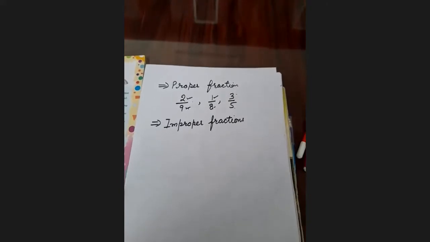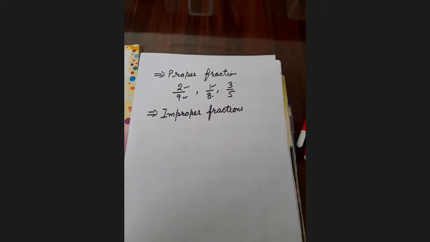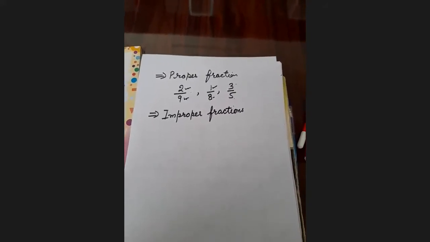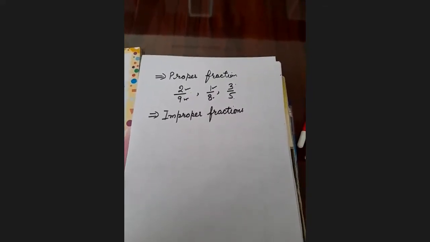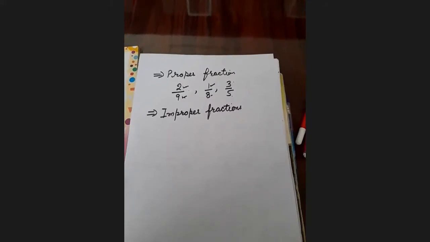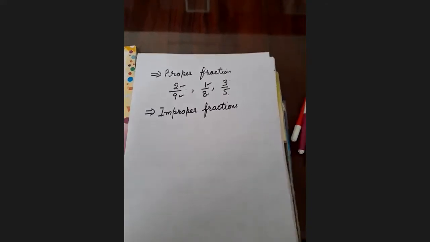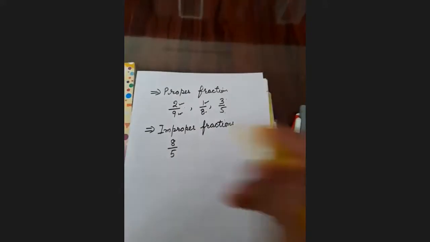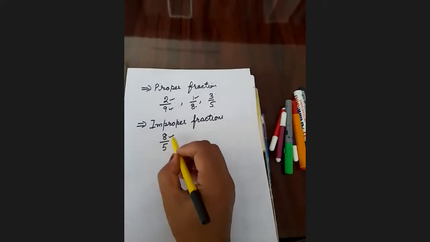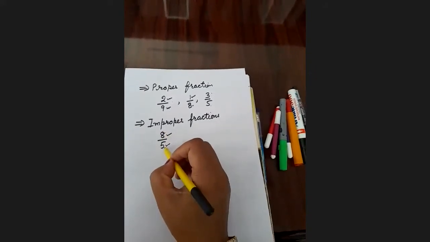Next is what are improper fractions. Yes, students, if the numerator is greater than its denominator, then these types of fractions are known as improper fractions. For example, 8 upon 5. Now, our numerator is 8 and the denominator is 5. The numerator is greater than its denominator.